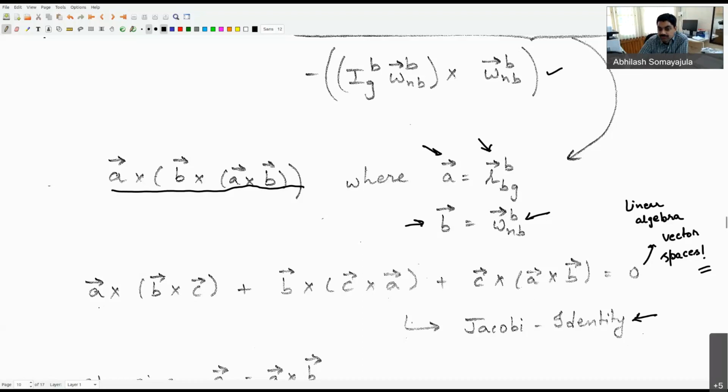Yes, sir. So this Jacobi identity is what we are going to use to simplify our expression. And how do I do that? I will substitute C equal to A cross B into this expression. So if I put C equal to A cross B, can you clearly tell me which one term will become 0 here between these three?